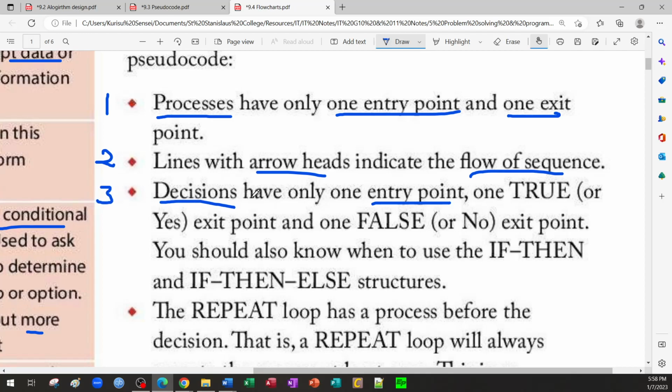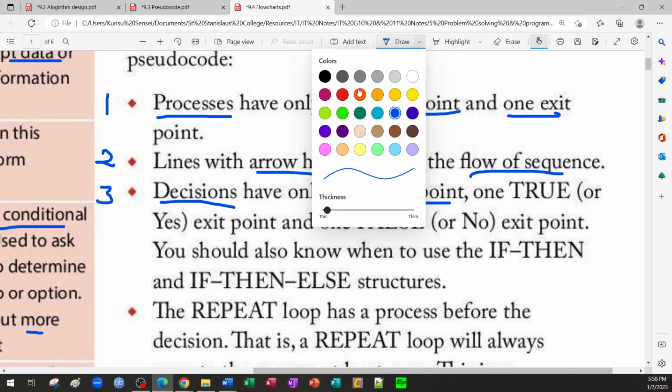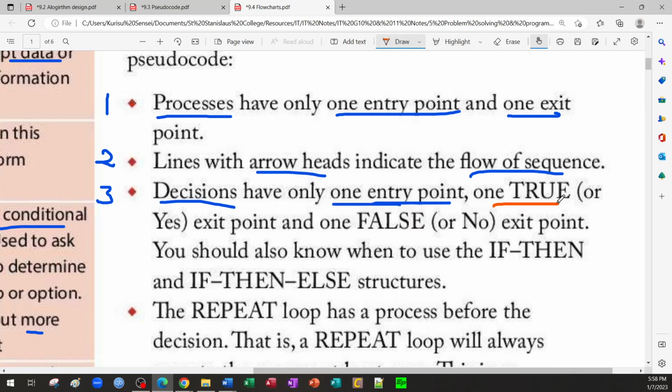Rule number 3, decisions have only one entry point, and it's going to have one true exit point and one false exit point. So that's basically 2 exit points.